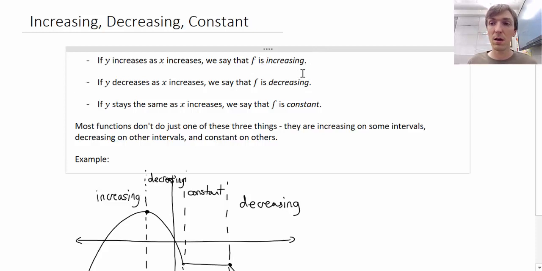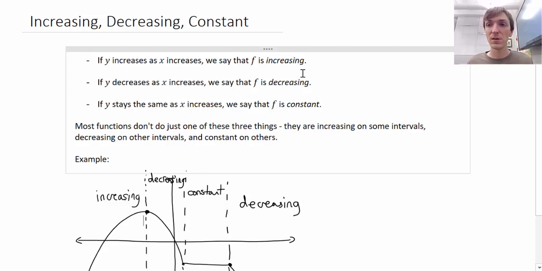Okay. So suppose that as we still increase x, this time y is going down. Y is decreasing. So then we say that the function as a whole is decreasing. If, as we increase x, y stays the same, it neither goes up nor goes down, then we say that the function is constant.